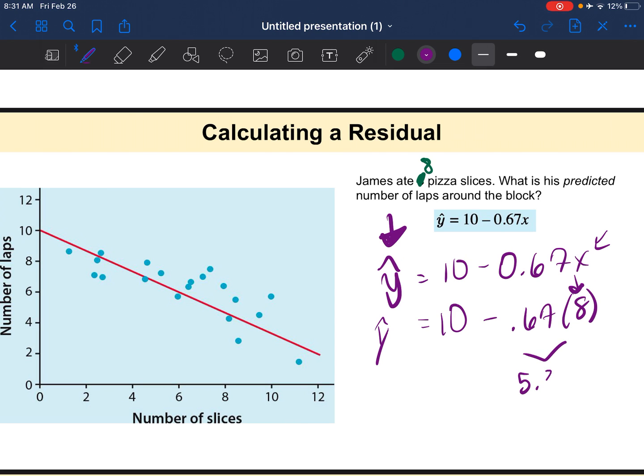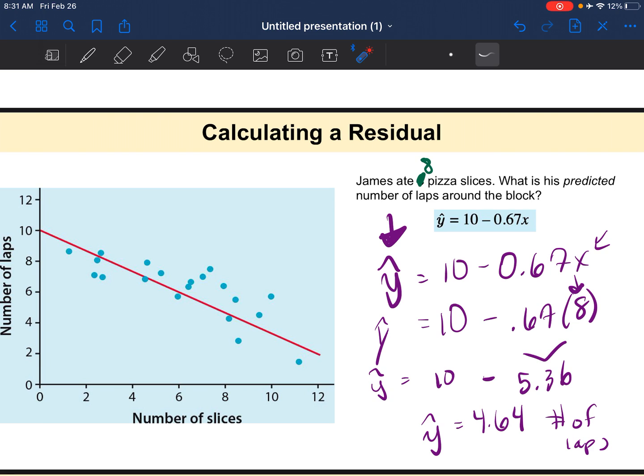That is equal to 5.36. So now I'm going to do 10 minus 5.36. And my predicted y value is 4.64 laps. This means, based on the model, based on the line, if James eats 8 pizza slices, he will run about 4.64 laps.